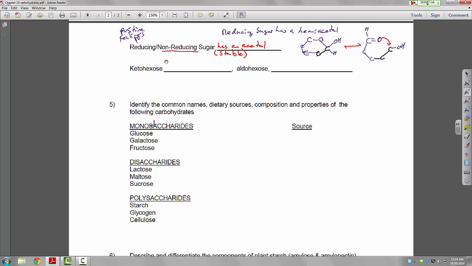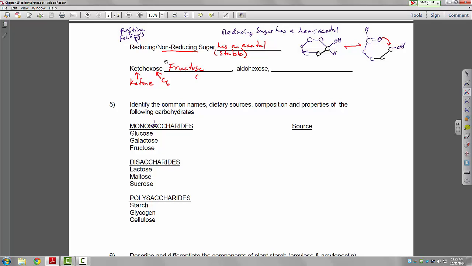Ketohexose. Keto means ketone. Well, actually, the ketohexose we talked about was fructose. Right. So ketose means it's a ketone. Hexose means it's 6 carbons, so I'll put C6.